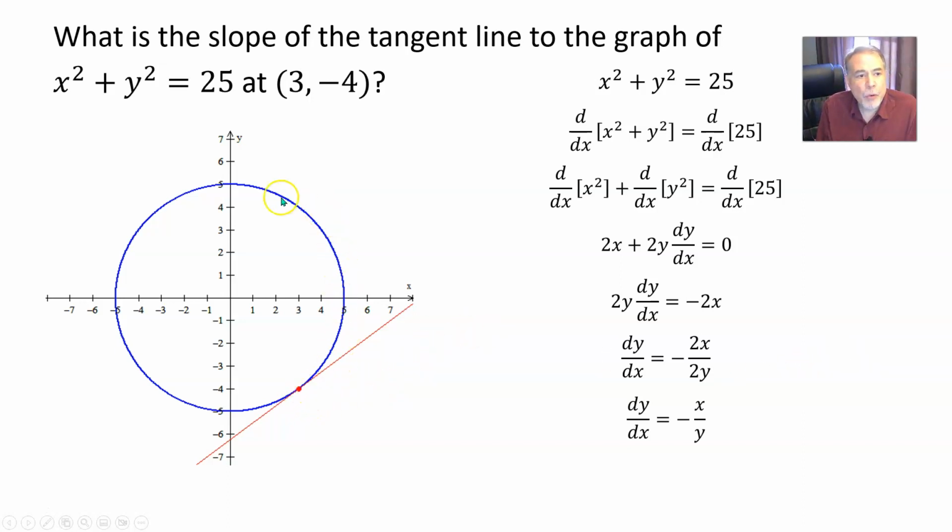So for any point on this circle, any point on the graph of the equation x squared plus y squared equals 25, the slope of the tangent line is going to be negative x over y. In particular, at the point where x is 3 and y is negative 4, it's going to be negative 3 over negative 4. Negative negative is positive, so that is positive 3/4.